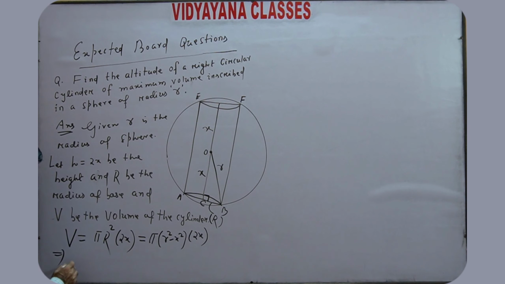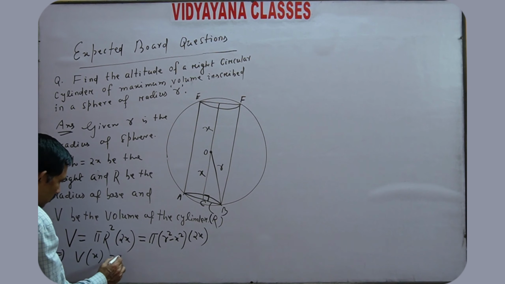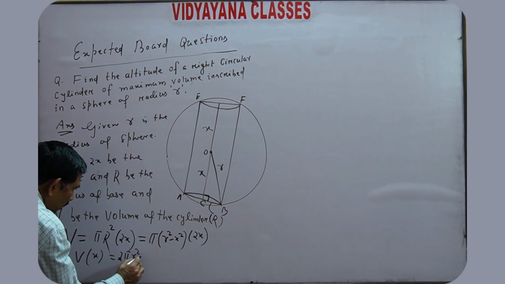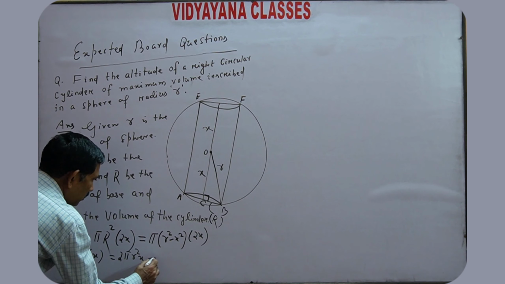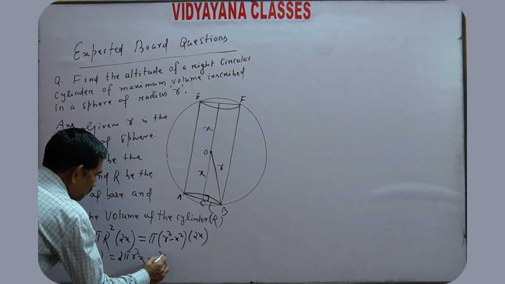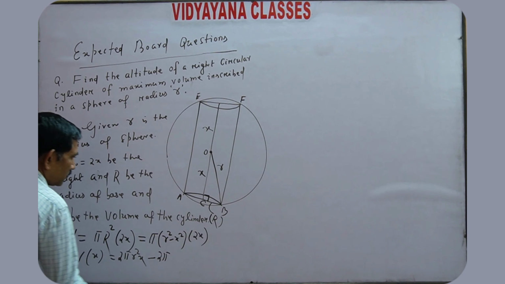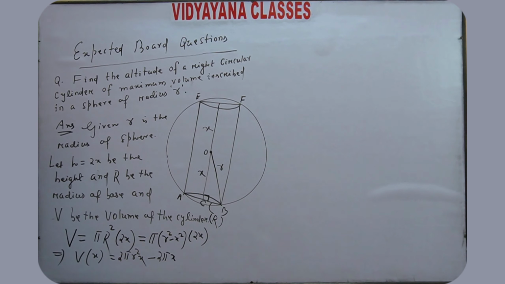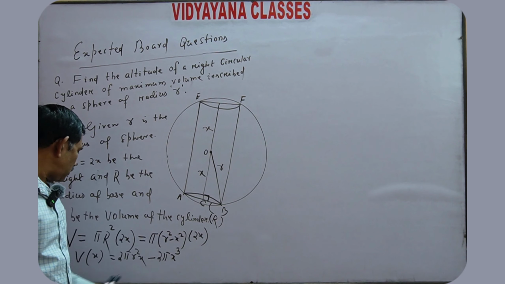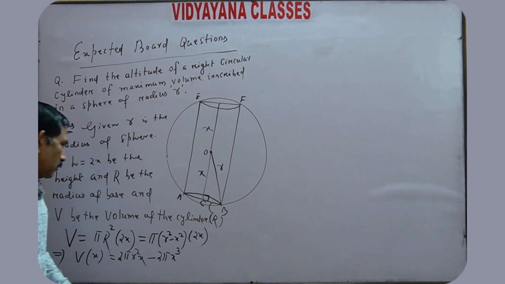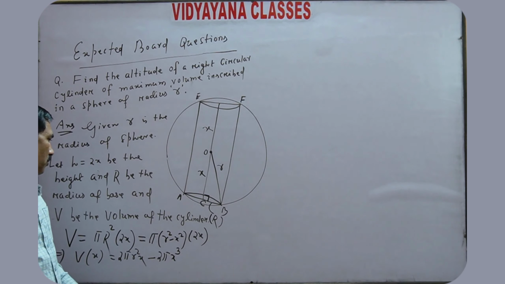Which implies V as a function of x: V(x) is equal to 2 pi R square x minus 2 pi x cube. Clear? V is a function of x.